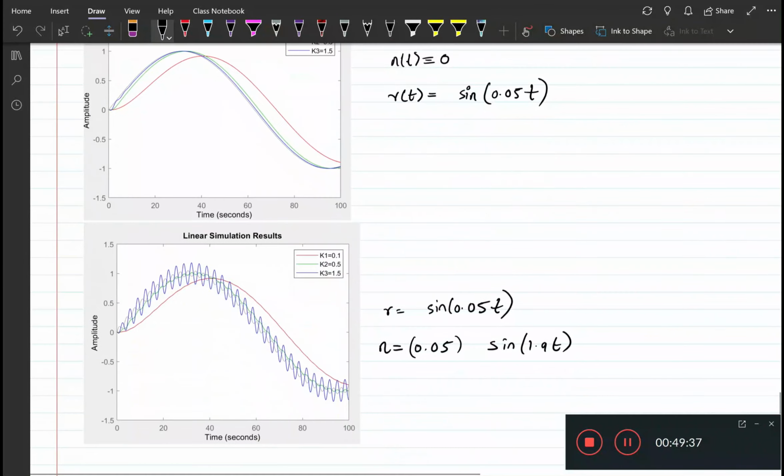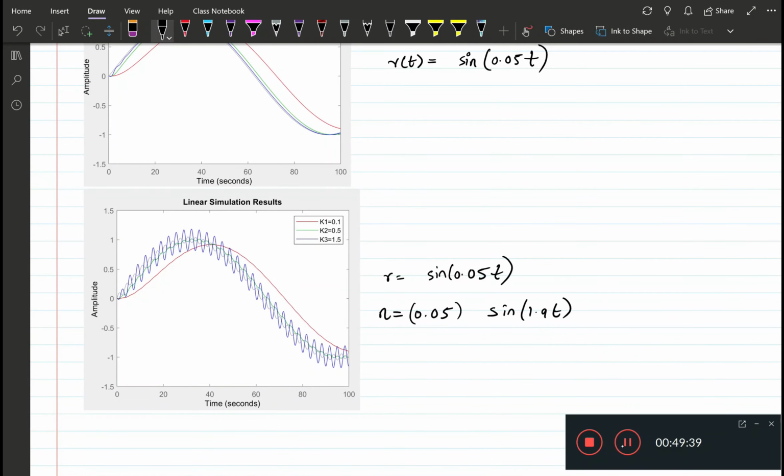And here you see then that first of all you do see the noise in the gray curve, and you see that this noise is greatly amplified in the design with the highest gain of 1.5, whereas it is not affecting the low gain design much.